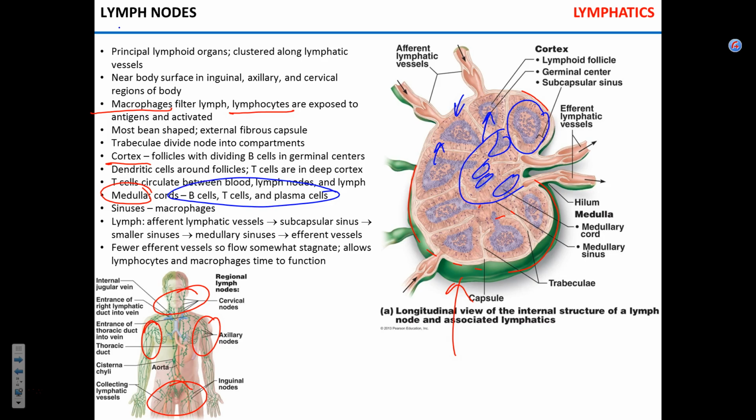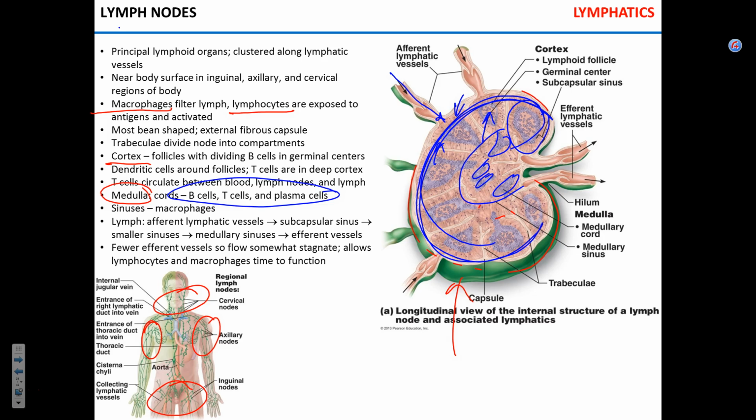If you look at the progression, now focus on the progression. Let's take a look at the lymph flow. Lymph enters the lymph node and encounters which layer? The cortex. B cells and T cells that are about to start developing. So that's how they get exposed to the pathogen.